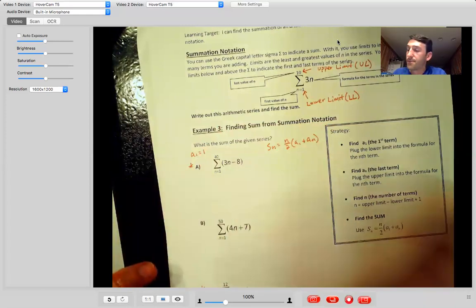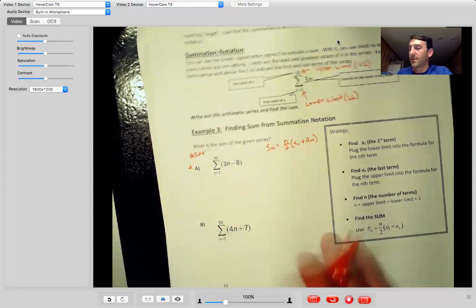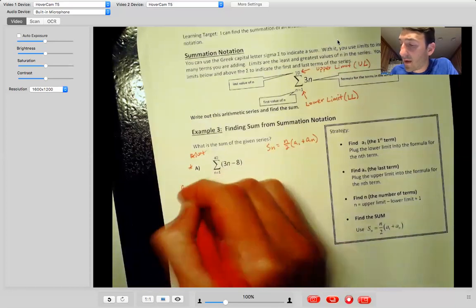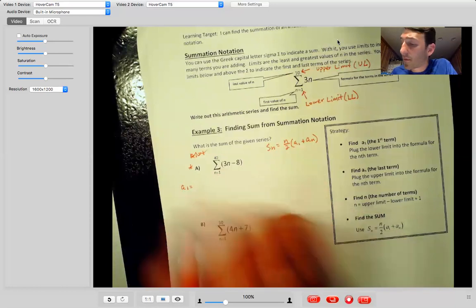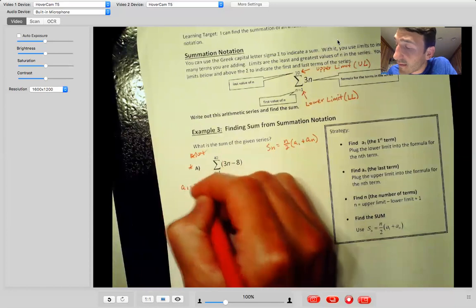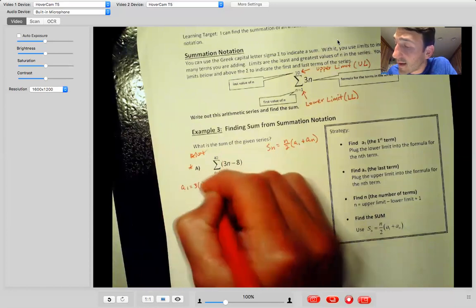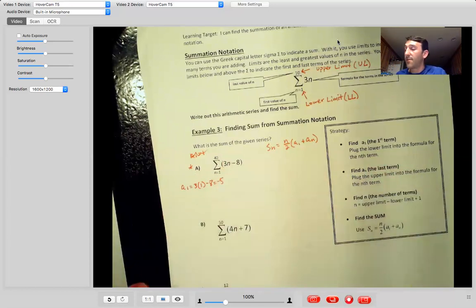Sorry, no we don't. We have to find a sub 1, that means we have to sub in 1 to find a sub 1. Sorry about that. So that'd be 3 times 1 minus 8, which is negative 5. So a sub 1 is negative 5.